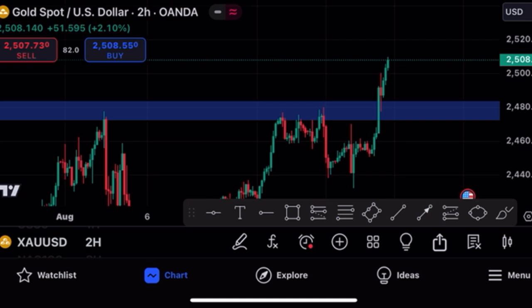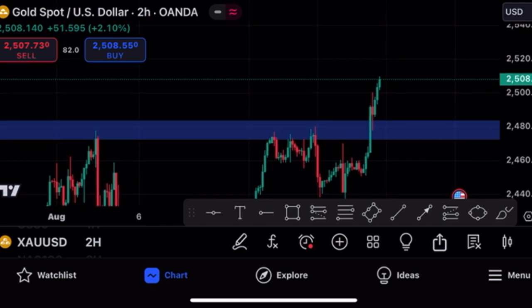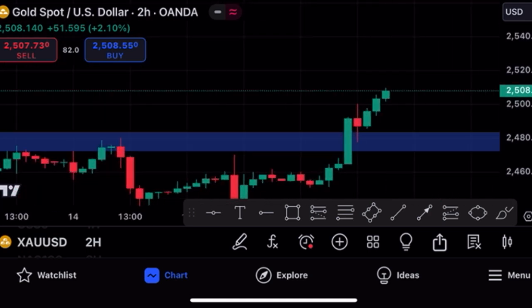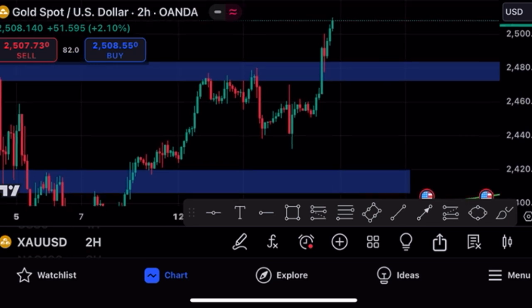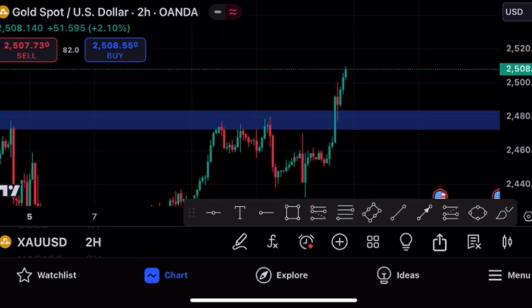Signs like that, and also seeing this triple bottom at the 24.40 area, we know that this is a good area to take buys, at least up to the 24.80 area, because that's where we see our last resistance.